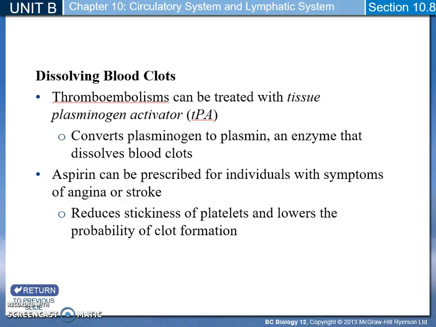Aspirin also can be prescribed for individuals with symptoms of angina or stroke. So if somebody has had temporary symptoms of angina or stroke, then oftentimes they're put on long-term aspirin treatment.